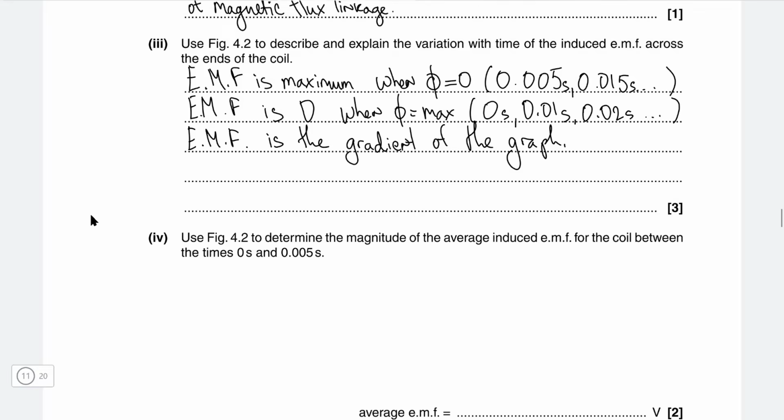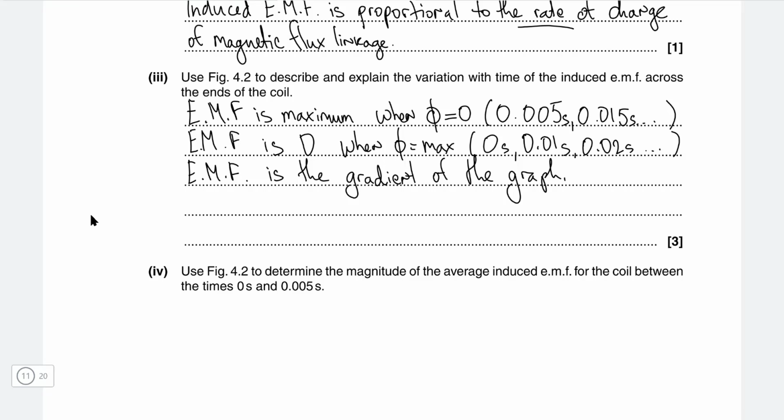Because of that, here's how I formulated the answer. The EMF is the gradient of the graph, and this is really important. It is a maximum when phi is equal to 0, and that happens at those times. The EMF is 0 when the magnetic flux is a maximum, and this happens at those appropriate times.